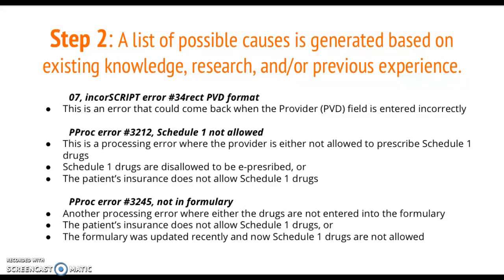This is a processing error where the provider is either not allowed to prescribe Schedule 1 drugs, or Schedule 1 drugs are disallowed to be e-prescribed, meaning they have to be prescribed on an actual piece of paper, or the patient's insurance does not allow Schedule 1 drugs. Schedule 1 drugs are things like heroin, LSD, and marijuana. In some states, marijuana is actually allowed to be prescribed.